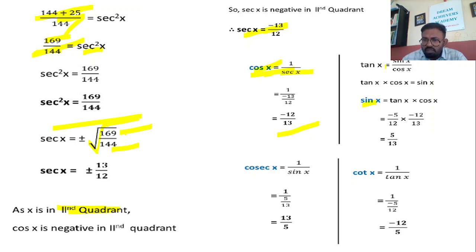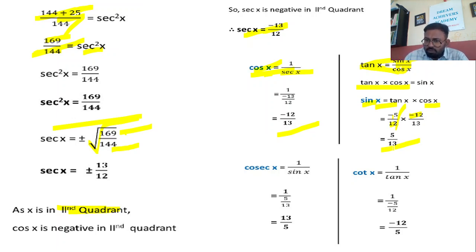So after knowing tan x and cos x, I can find the value of sin x, because tan x can be written as sin x by cos x. So sin x equals tan x into cos x, cross multiply. Tan x value is minus 5 by 12, cos x is minus 12 by 13, 12 will get cancelled, minus into minus is plus 5 by 13. So sin x value is plus 5 by 13.